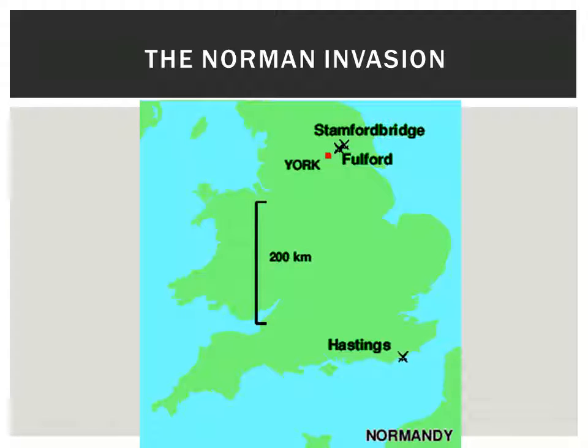Just to go into the history of the Battle of Hastings, very, very famous. You're looking at 200 kilometers here, so the total distance here would be, about 300, I suppose.